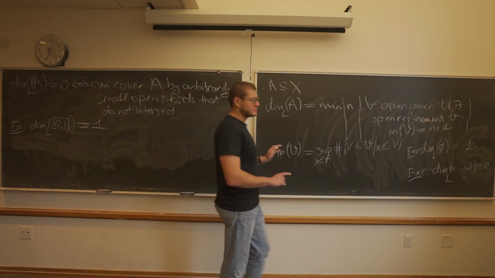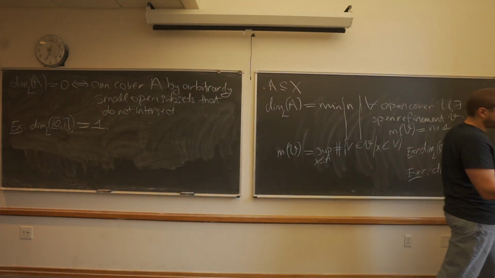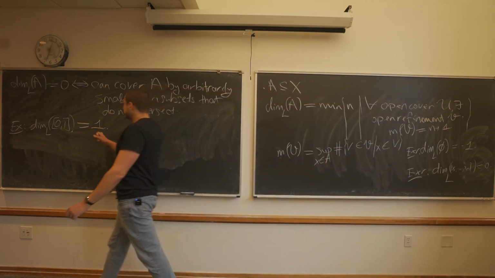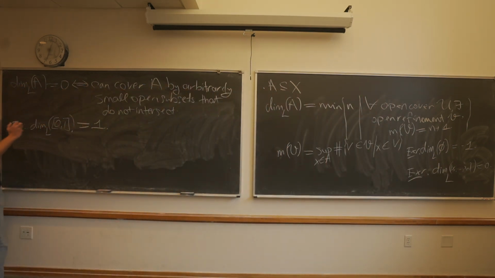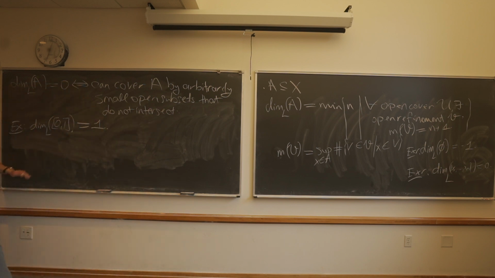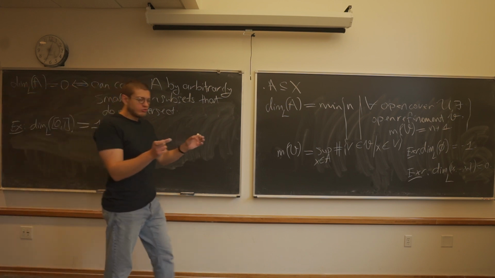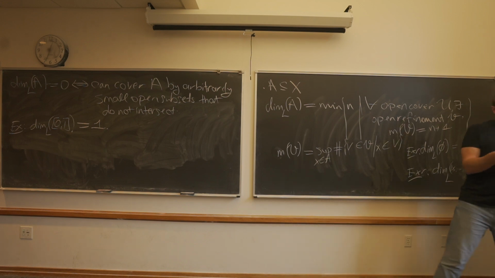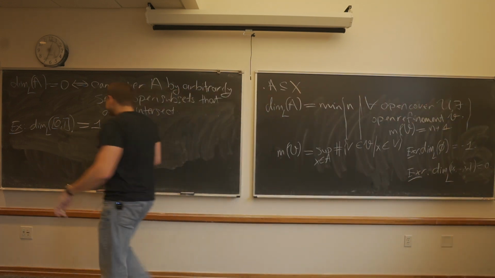It means that the dimension is at most 1, and it is at least 1. That is to say, the dimension is at most 1, and it is larger than 0. And if you believe this, it's reasonable to expect that the Lebesgue covering dimension of the interval should be a positive number, because there's no way you can cover the interval using open sets that don't intersect. That's disconnectedness, okay? And the interval is connected.